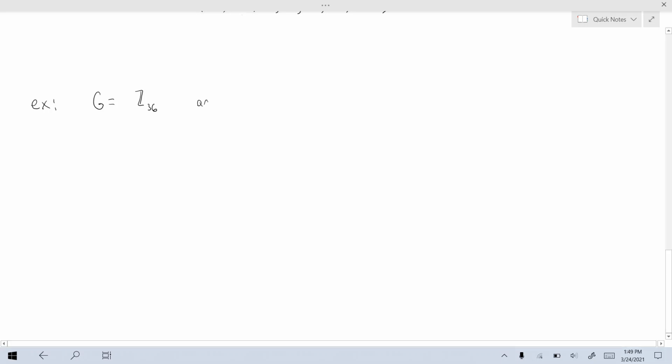And then let's take H to be the subgroup generated by the number 6, okay? So remember the elements of G, we can consider them to be the numbers 0 through 35. Okay?